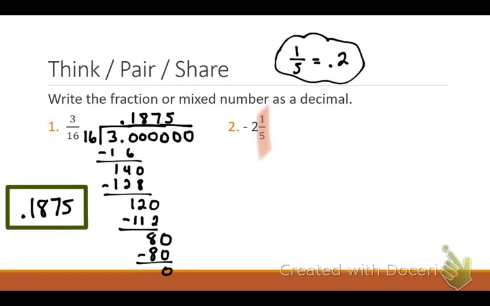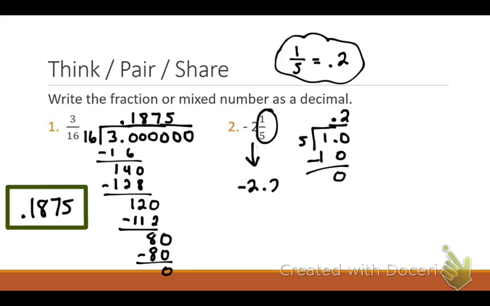Okay, if you don't have that memorized, then I did teach you a little way. You could have just brought down the negative 2, and off to the side, you could do 1 divided by 5. When you do that, you can see it's 0.2. Then I would bring the 0.2 down over here and box that in, okay?